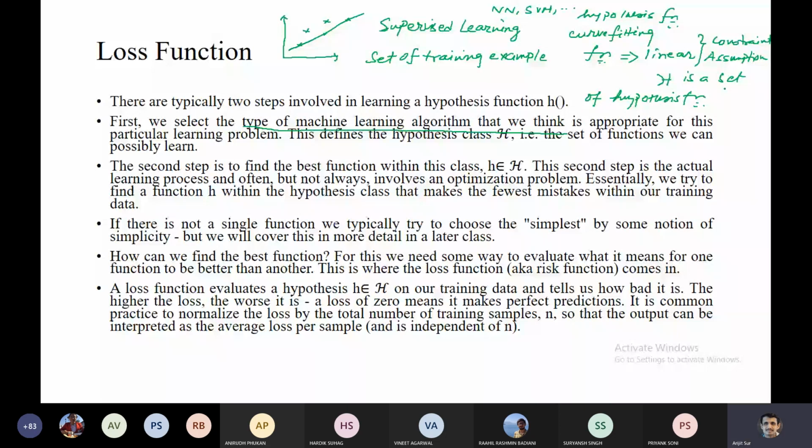We define the set in such a way that each member is a curve, and this assumption is linear. Linear means a straight line here in two dimensions. If it is three-dimensional, it may be a linear hyperplane. So H is a set of hypothesis functions that are linear, that are straight lines, for this particular problem.